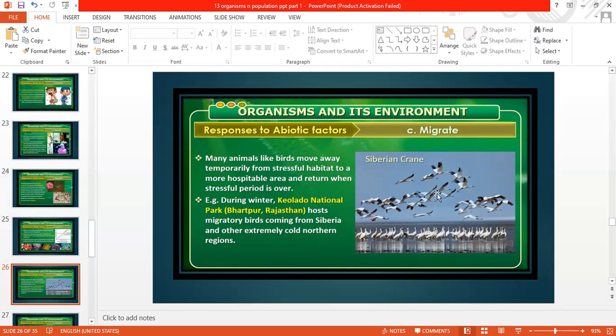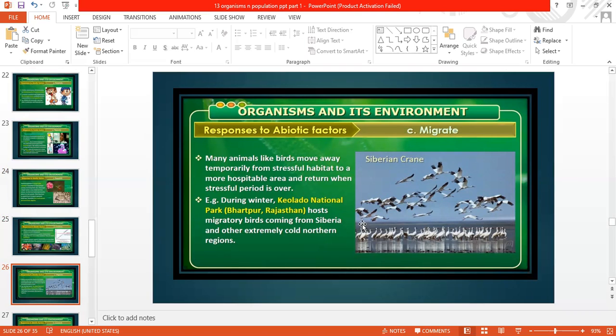So let us understand what is migrate first. Migrate is the temporary movement of organisms from the stressful habitat to a more hospitable area and return when favorable conditions reappear.